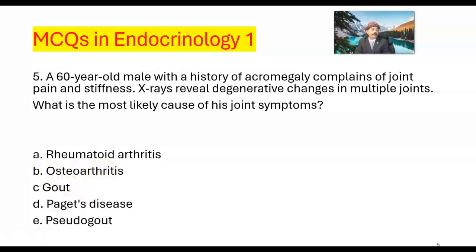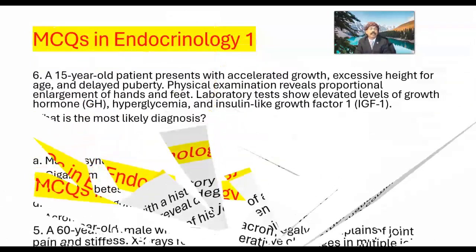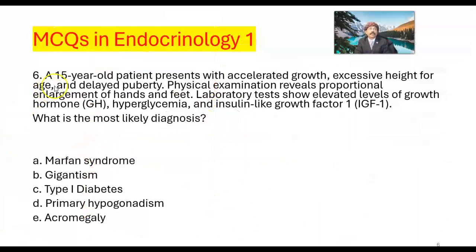Number 5, this is the answer, osteoarthritis. Okay, let's go to the last question. Question number 6. A 15-year-old patient presents with accelerated growth, excessive height for age, delayed puberty. Physical examination reveals proportional enlargement of hand and feet.